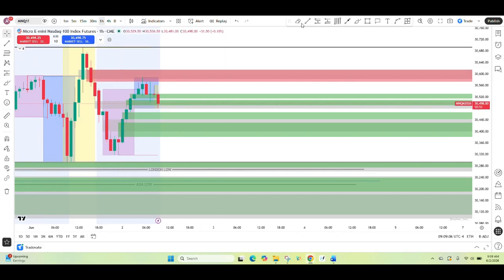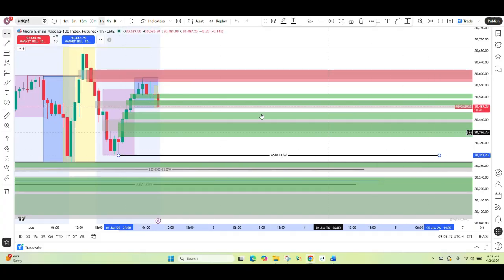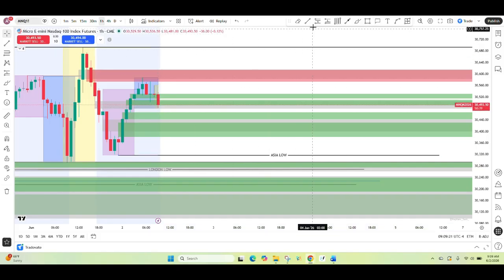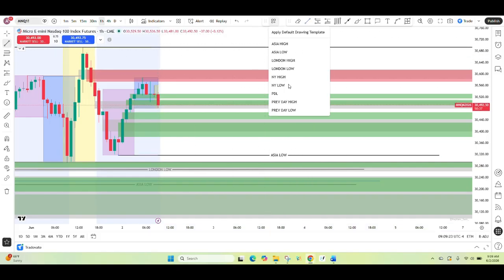Here is today's Asia low that can be marked out, right here. Asia high was already taken out today. London low, New York low is right here with this candle, so I can mark that out.